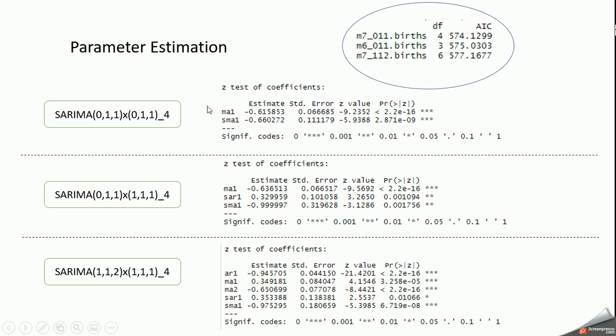It turns out my simplest model, the first one, SARIMA 011011, has an AIC score of 575, but my second model has the lowest AIC score. So it might be up to you which one you choose, but in this report, I'll be performing residual analysis for both, because they're both quite good.